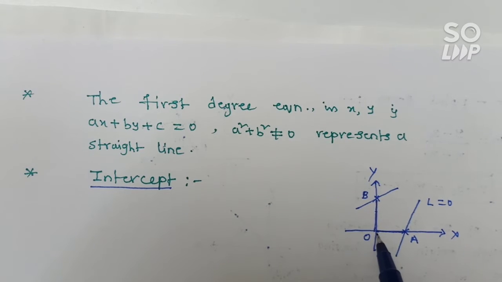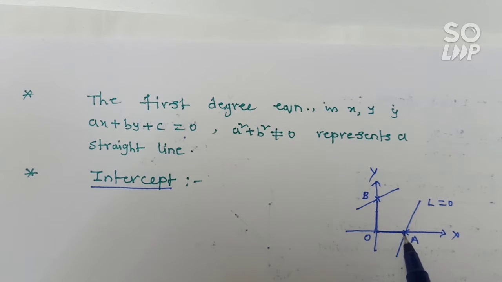So what is the definition of intercept? Intercept means the distance from the origin to the intersection of the line and the x-axis. Similarly, the intersection of the line and the y-axis. When it is intersecting with the x-axis, we get the x-intercept. Similarly, if the line is intersecting with the y-axis, we get the y-intercept.